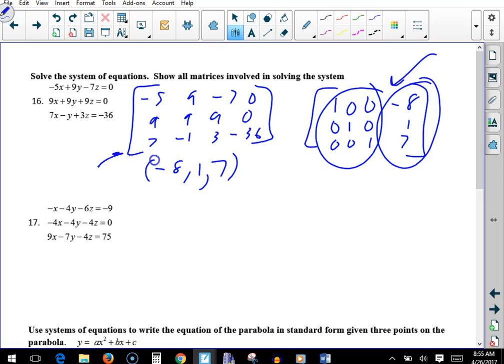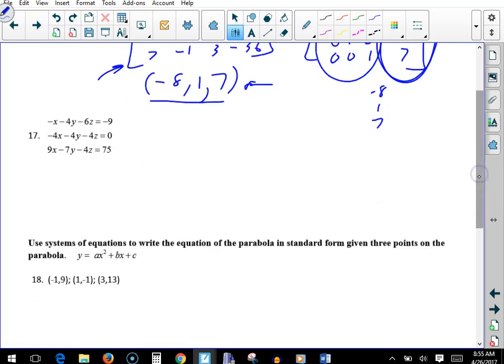But I do want to see the augmented matrix to start. Then your answer written as that. You can't just circle this and say it's your answer. You can't put it like this outside of it. You need to see it written as a point in space. Moving on. Augmented matrix. -1, -4, -6, -9.